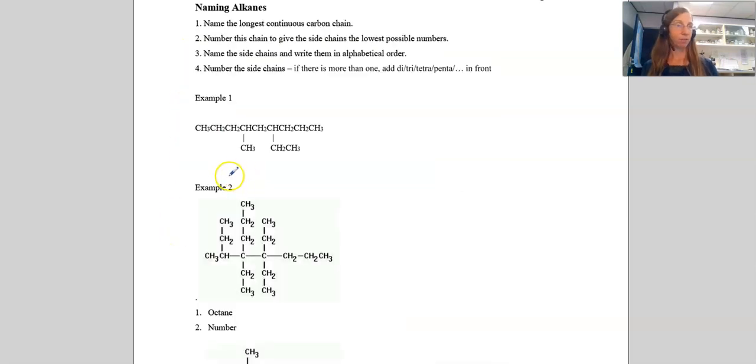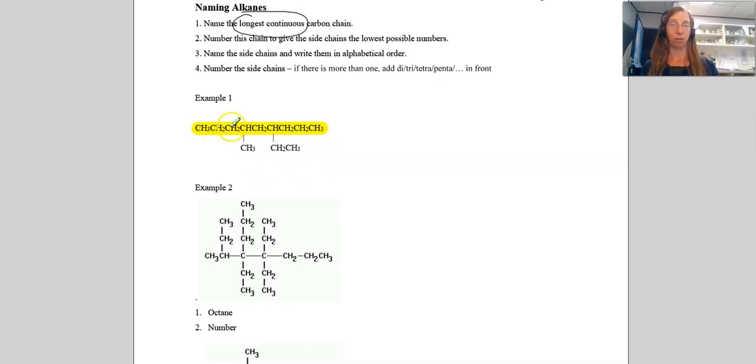Okay, so for these first two examples, I haven't really mentioned the functional group because there really isn't one. They're just alkanes. An alkane is just a carbon-carbon single bond, a normal single bond. And so that's the same everywhere. What we always have to look for is the longest chain. That is continuous carbon, carbon, carbon bonds.